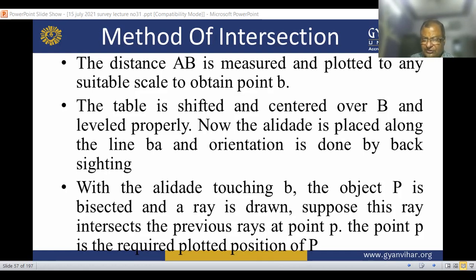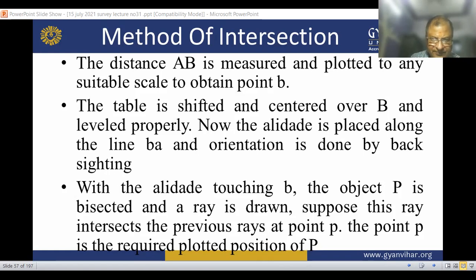Now the alidade is placed along the line AB and orientation is done by back sighting.